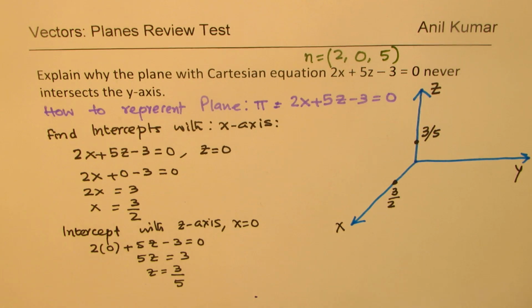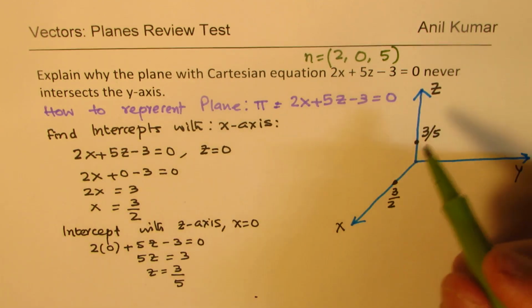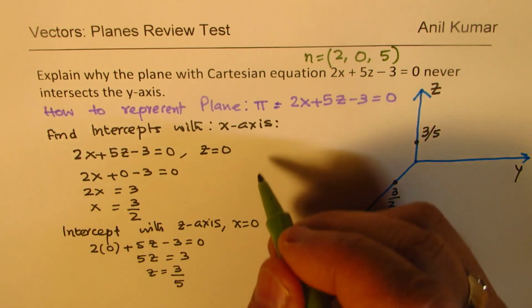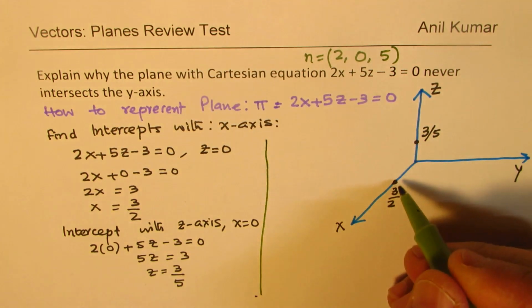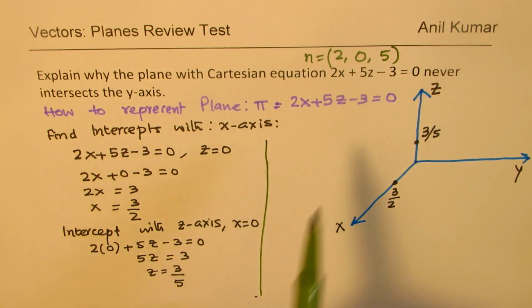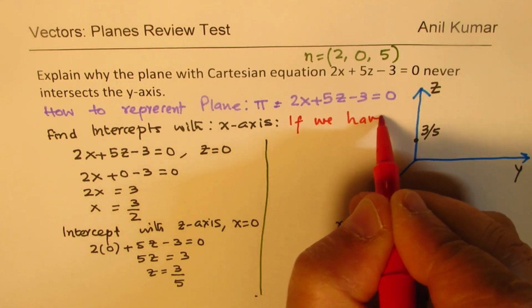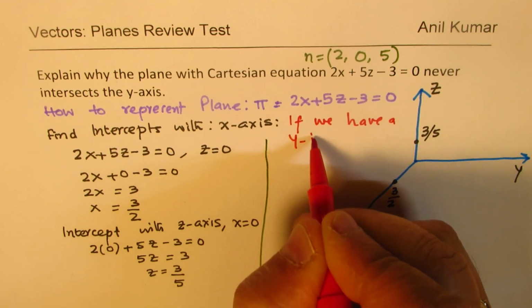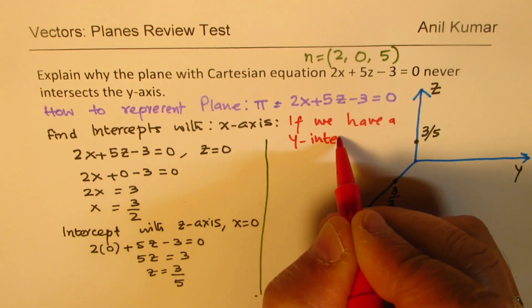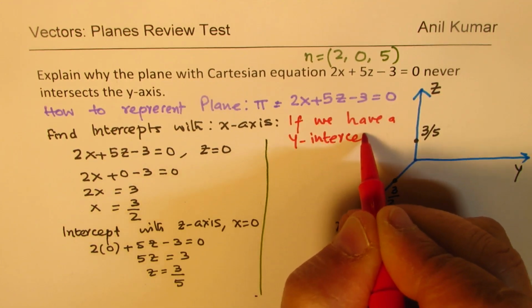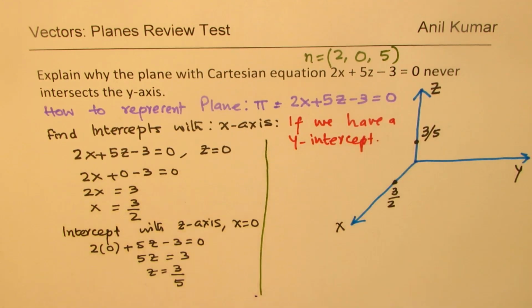So anyway, when you get such kind of an equation, I'll show you the sketch also. In this condition, if we have a y-intercept, we'll just assume we have one, right? If we have a y-intercept, where could it be? That is the question.